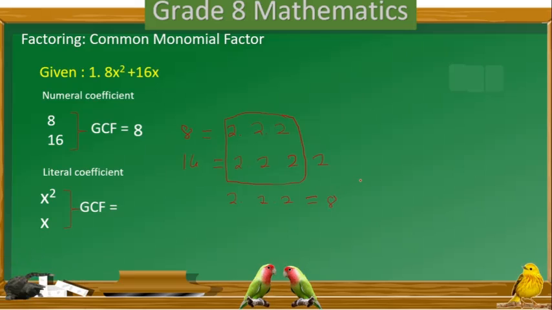How about for literal coefficient? You just choose the variable which has the least exponent. From that we have x.